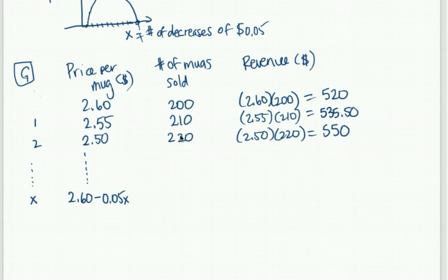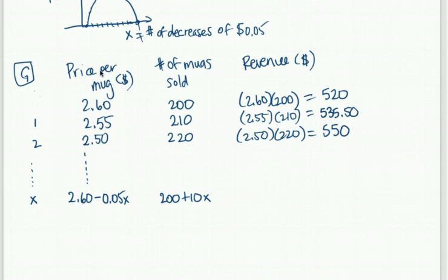So what's happening with the number of mugs? You started with 200, but every time you drop the price, you add 10 more mugs. So we're going to multiply that by X. However many times we drop the price, we add 10 extra mugs each time.